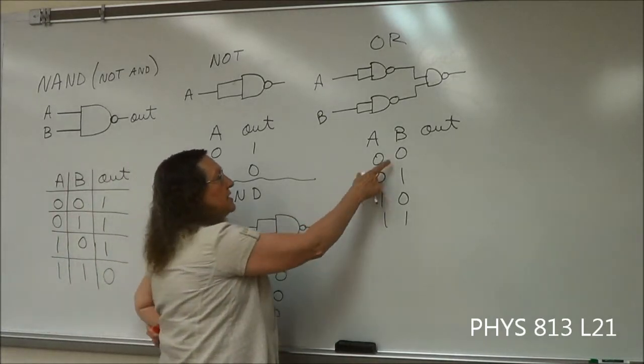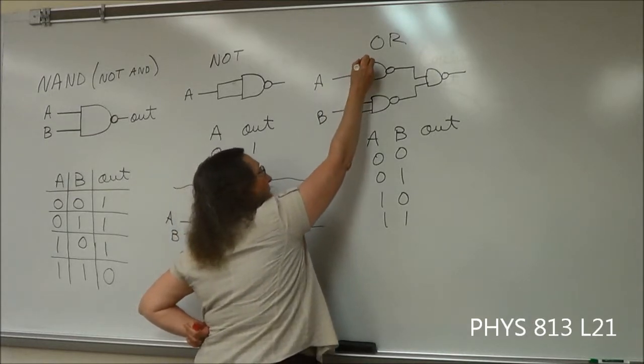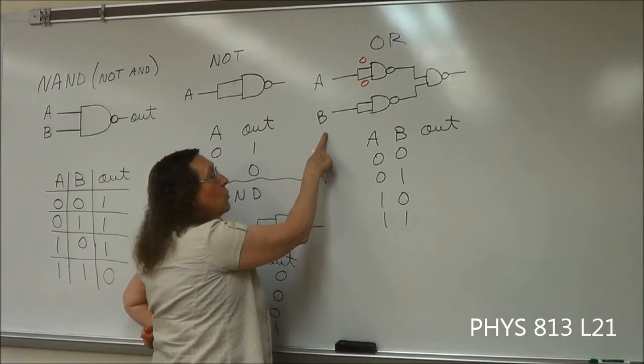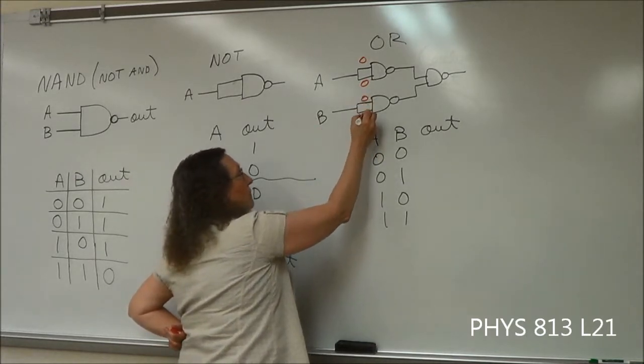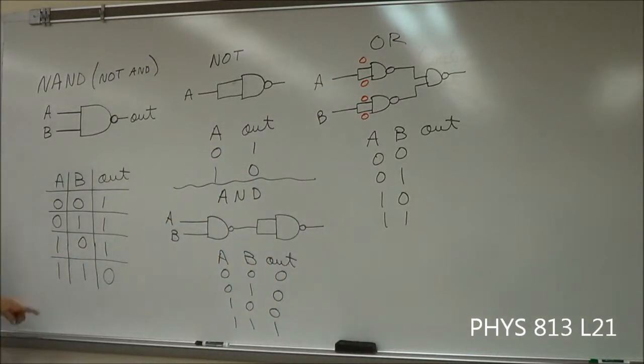Okay, so this is a 0, 0 here. So we would have a 0 here, a 0 here, and we could go ahead with the B. B is 0 and 0. Okay? So now we go back to our NAND table, and it's very convenient to have this around. So our NAND table with 0, 0 is a 1.